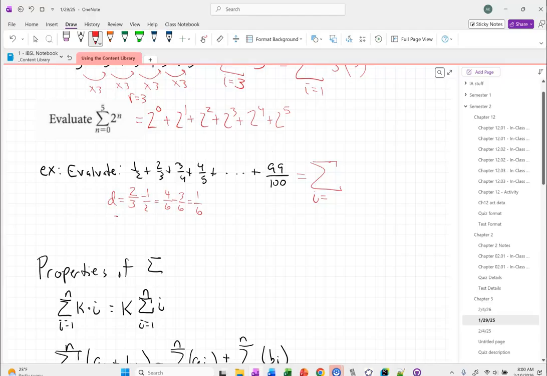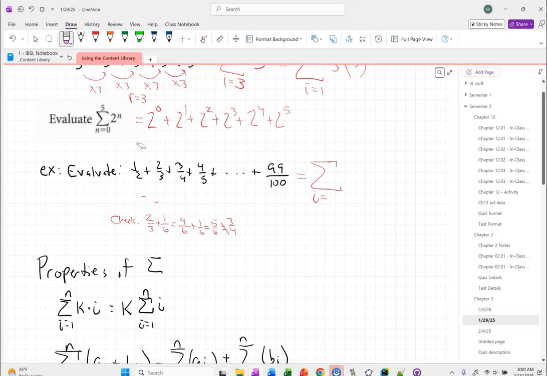Now if I want to check that, 2/3 plus 1/6 is going to be 4/6 plus 1/6. That's 5/6, which is not 3/4, right? Is it arithmetic? No. Okay, I'm going to erase this. Is that fine?